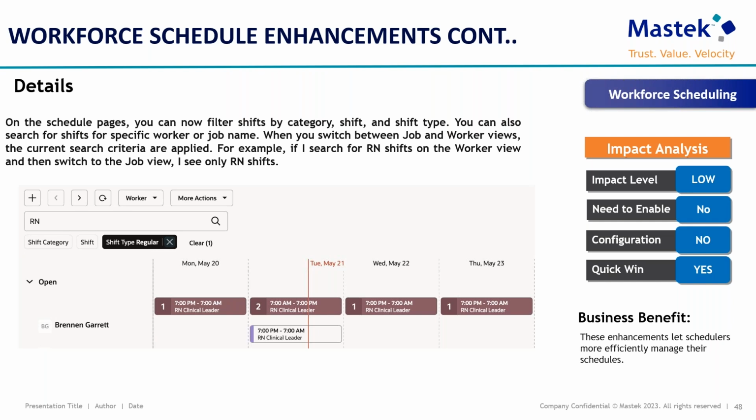With this feature, we can now filter by shift category and shift type, and based on that, we can see how many employees or schedules fall into that criteria. It's an enhancement for the schedulers who manage all of these. In terms of impact, it's low impacting. We don't need to enable or configure anything, and that's why it's a quick win for us.